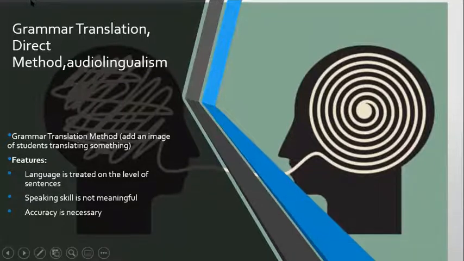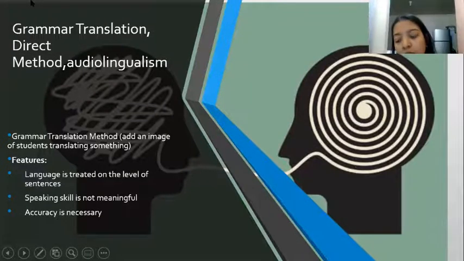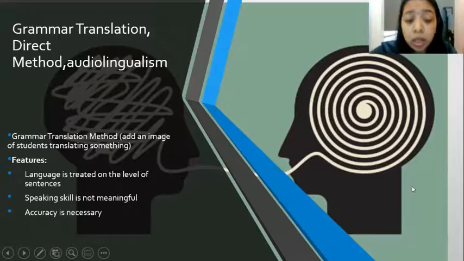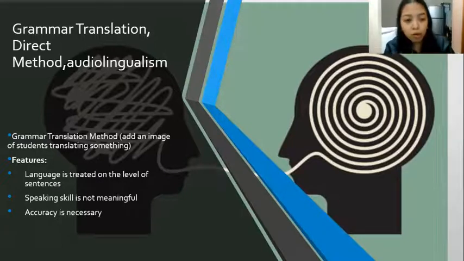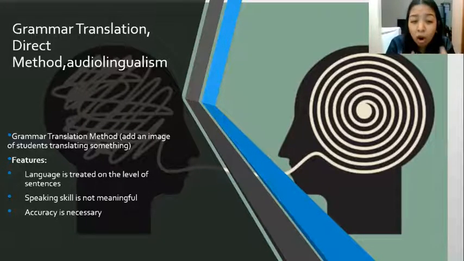In some cases I consider this is not good because you're not going to interact at all with the language. There are some features you should take into account. For example, the main point of grammar translation is just to make your sentences correctly, using the grammar.